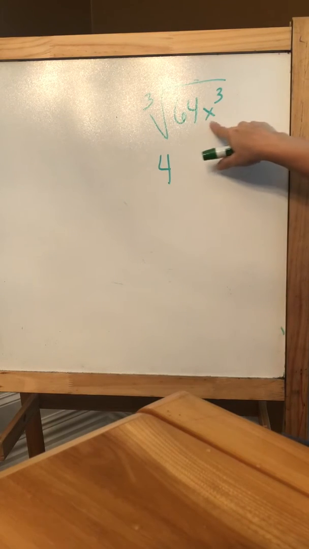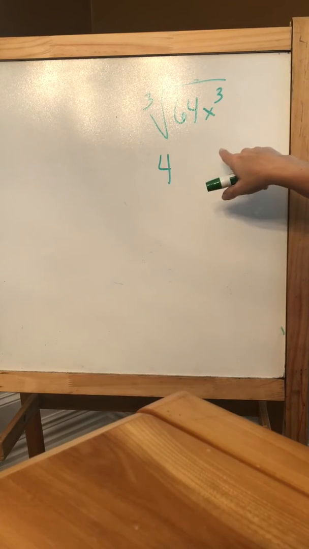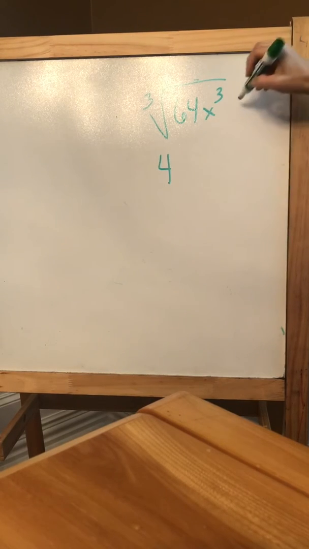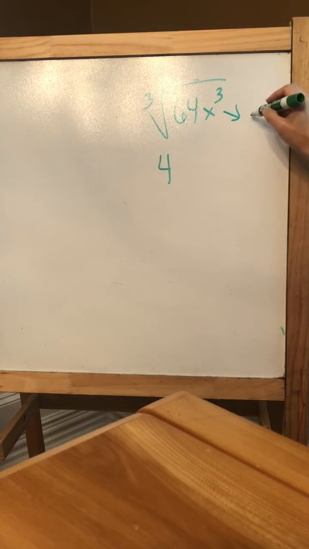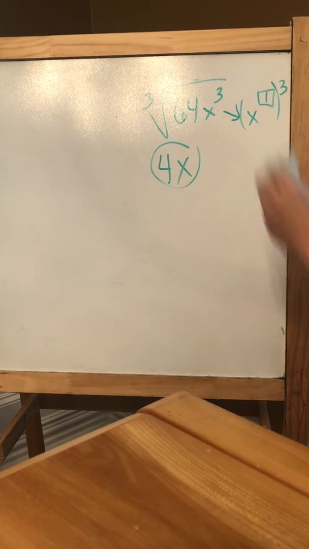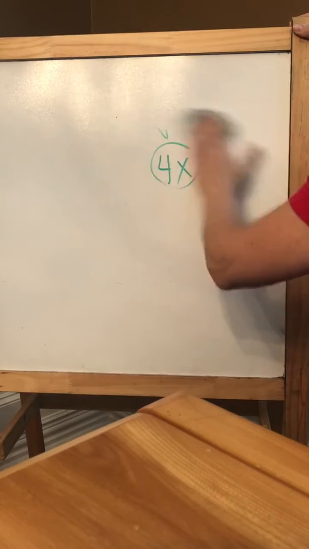Okay, how about this part right here? What do we do there? Okay, so we're going to break this part apart, and we're going to say x to the what will give us the cube. So let's work backwards. 3 times what will give us 3? That's 1. So it's just x. 4x is your answer here. Okay, now let's try to simplify the examples on practice 4. So I'm going to put them up here.